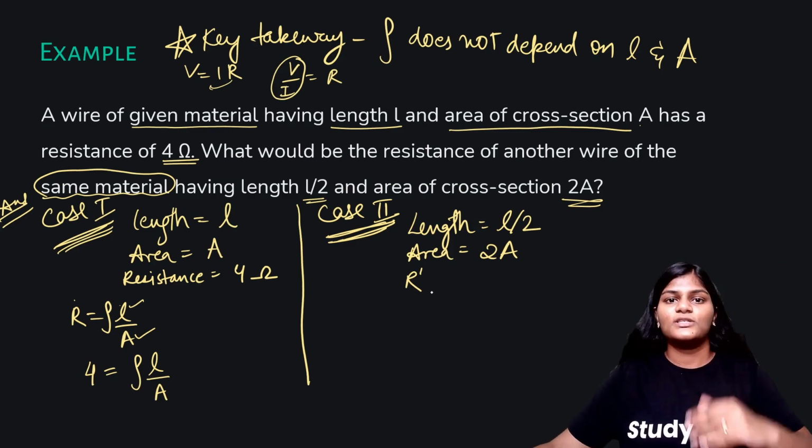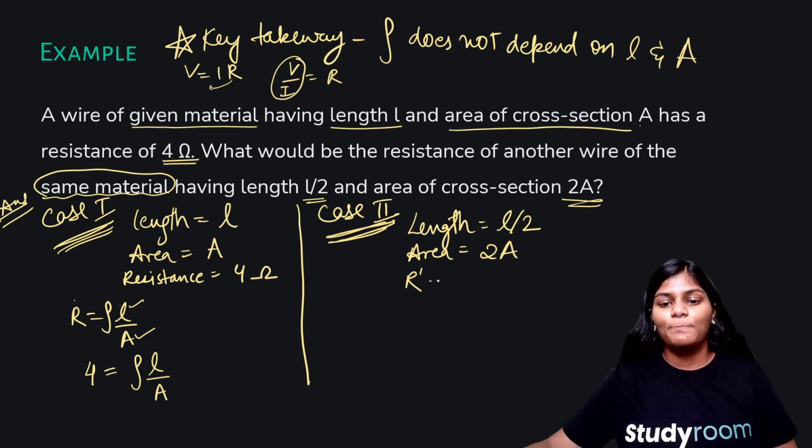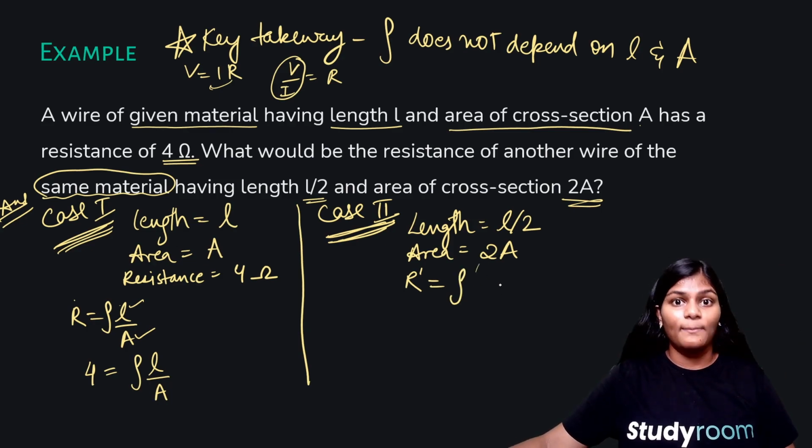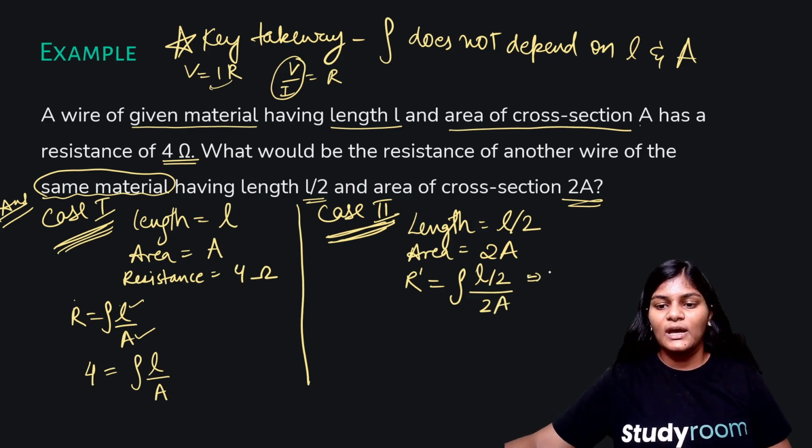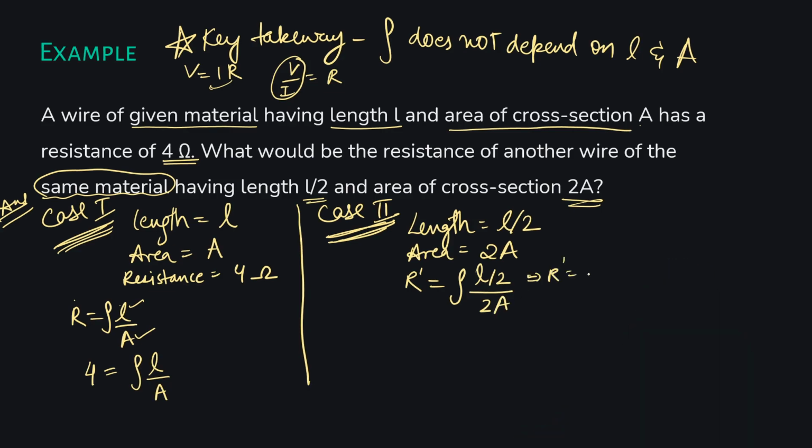It is still resistance. So we name it R dash is equal to rho. We know it's rho L by A, but here what is the new L? It is L by 2. So we write L by 2 upon 2A. So if I write this properly, I'll have R dash is equal to rho L by 2 into 2A, right?